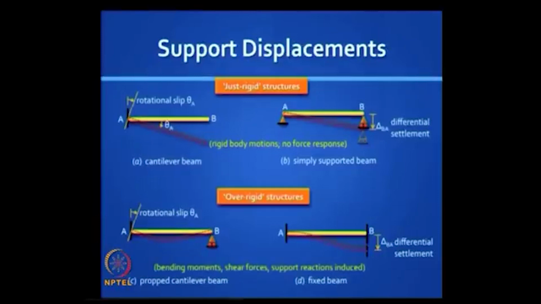So here are examples of internal forces and support reactions being generated by differential settlement. You do not have a problem of internal forces and reactions if the structure is statically determinate, just rigid, but you do if it is not.